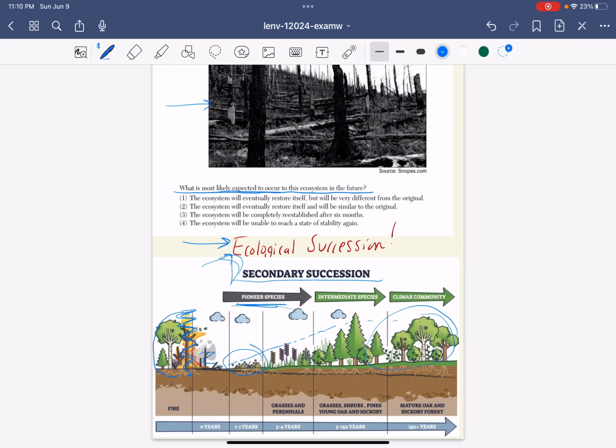Pioneer species are organisms like plants and microbiome, bacteria and plants and specific seeds, and the birds coming back and dropping their poop filled with seeds from other parts of the land, and they start growing. So after a while, it starts growing back, and then years and years pass, and then you're going to have your climax, your best forest, mature oak and hickory tree over 150 years. So it's not going to happen overnight, but eventually it does come back after fire.